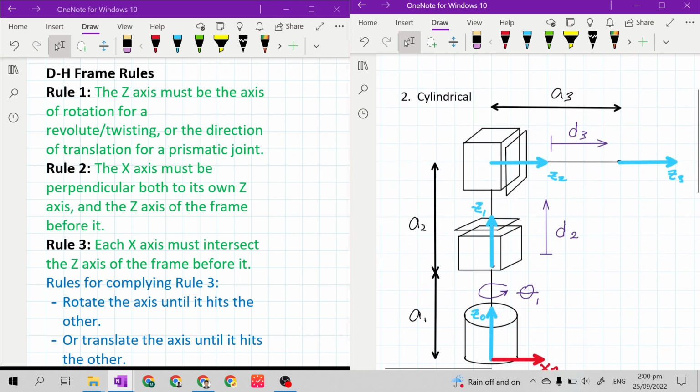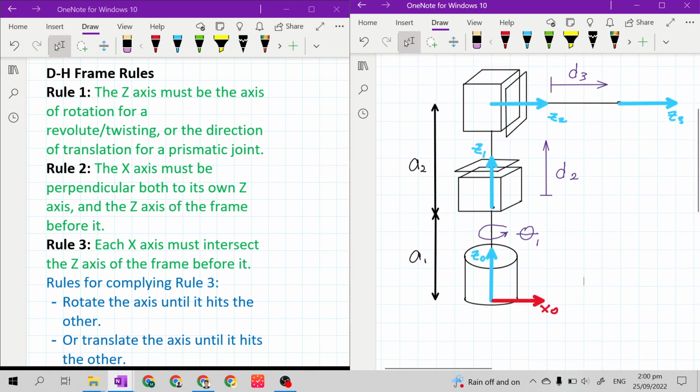Next, for our frame 1, it is no more called joint 2 because we already have an origin for frame 1. We are not calling this joint 2 anymore; we are now calling this part frame 1.